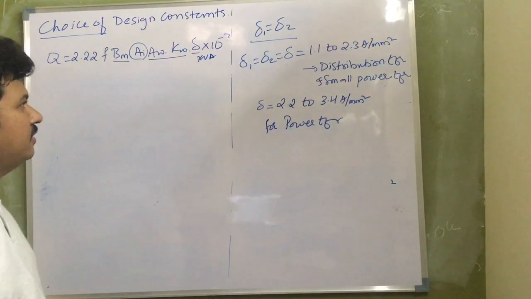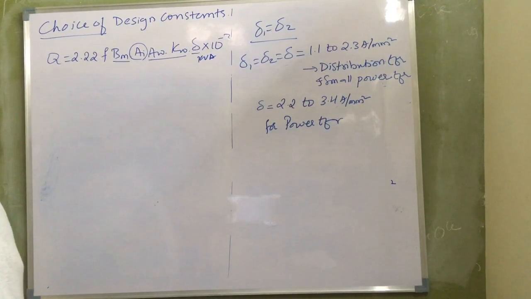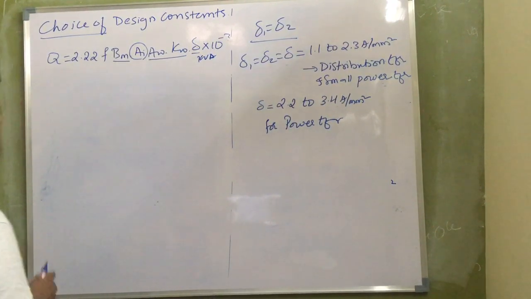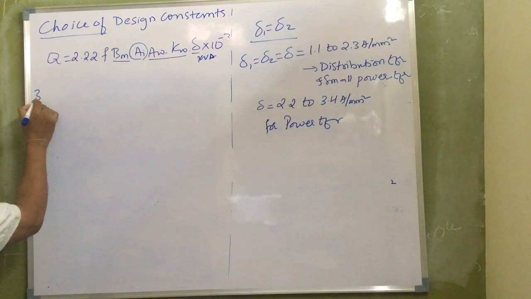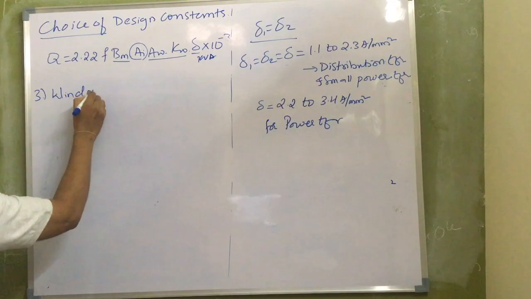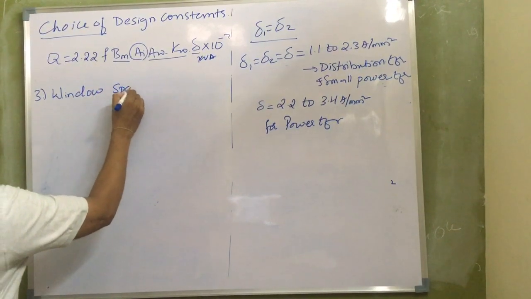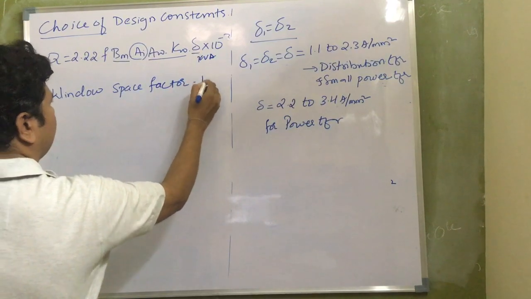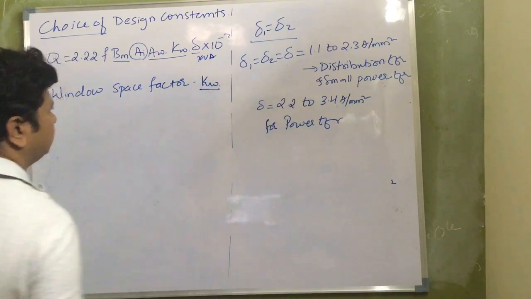Okay, 1.1 to 2.3 ampere per mm square and 2.2 to 3.4 ampere per mm square. Okay. So next, the third design constant is window space factor, it is Kw.